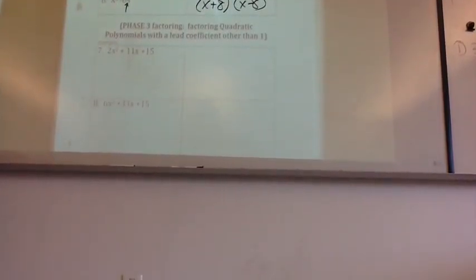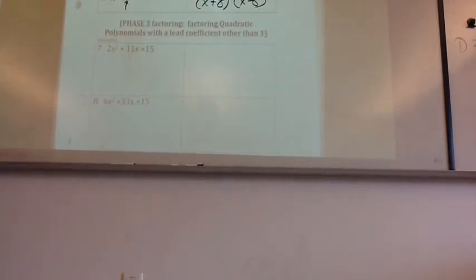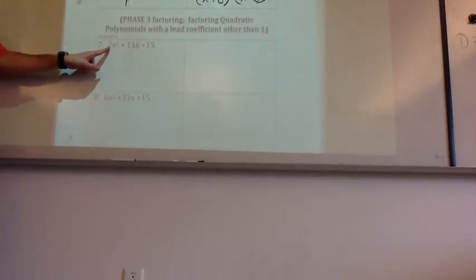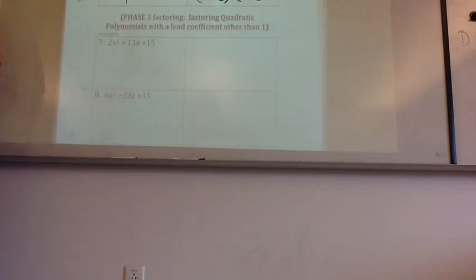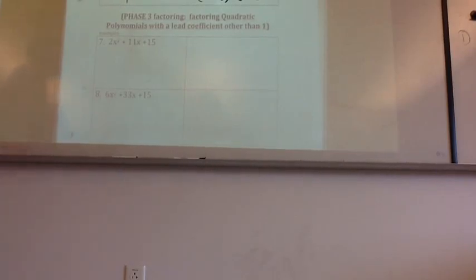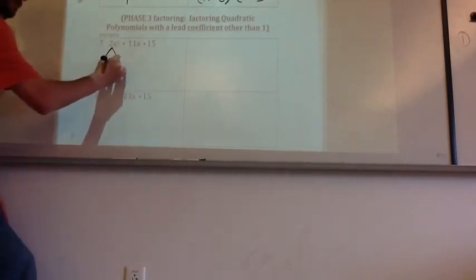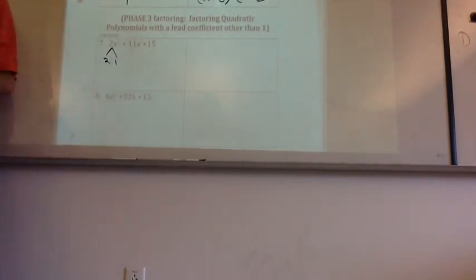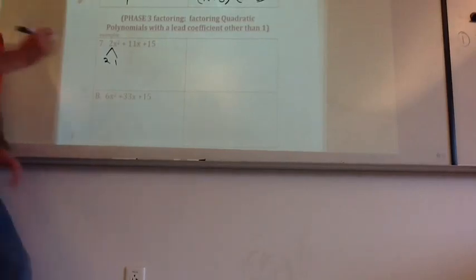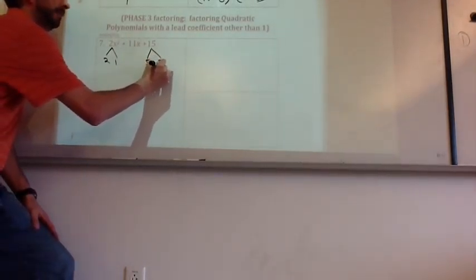These, however, are phase 3 factoring. We now have a coefficient here of 2. We have a term here at the end of 15. This is like number 7 and 8 that we just saw, where we follow a different rule. What are some numbers that would multiply to give me 2? 2 and 1. How about 15? I heard 5 and 3.